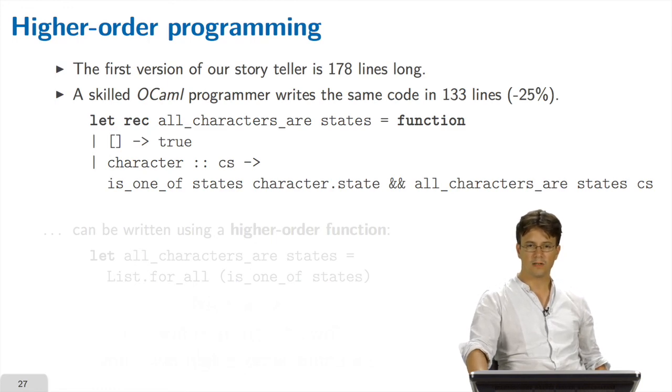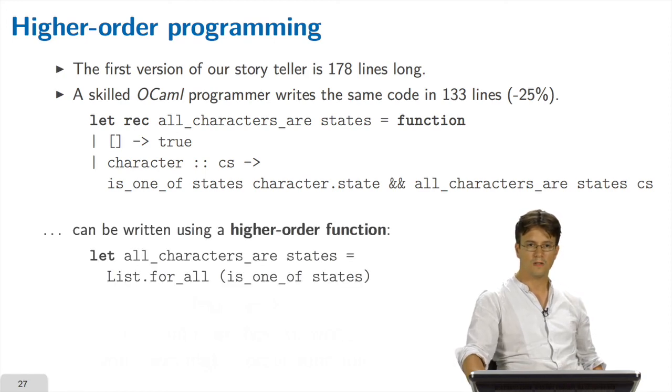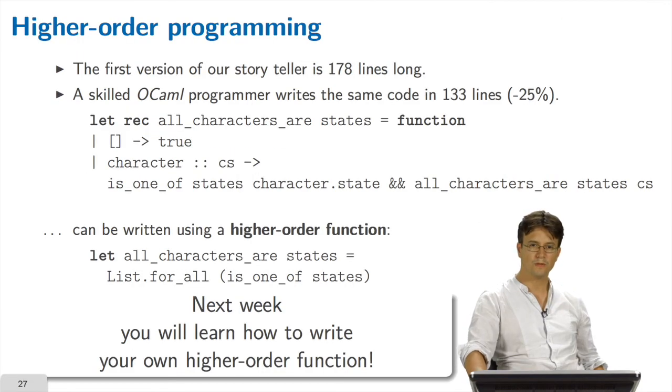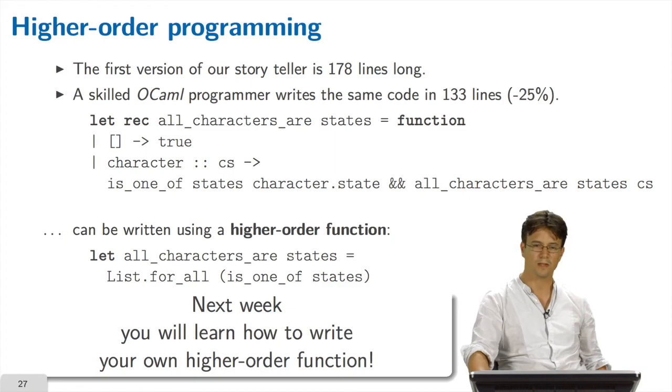And his secret is to replace that kind of function using a one-liner like this. And the basic ingredient of this secret is to use higher-order functions. Fortunately for you, this is the next week's topic.